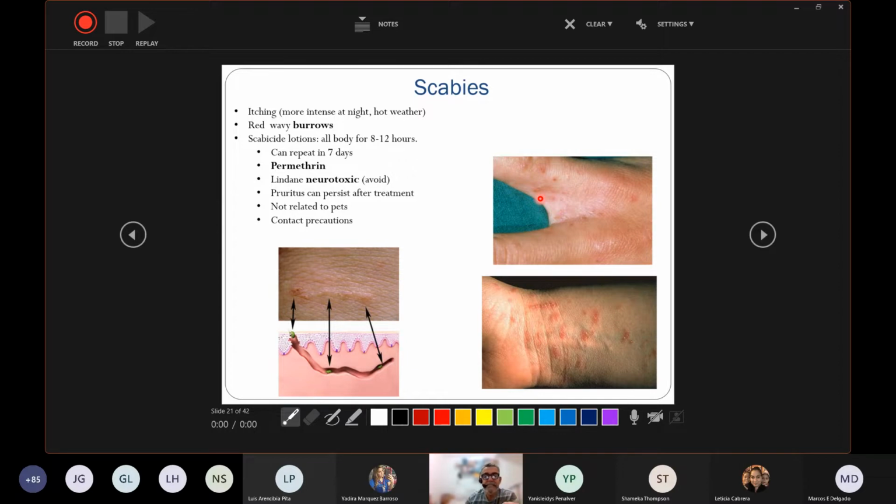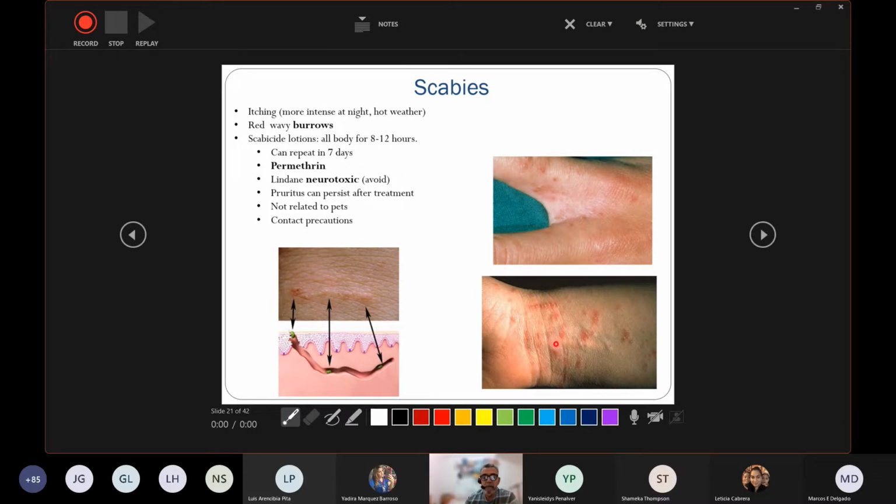This is tested in NCLEX. The acquisition is by contact, and this is the place where the first lesion appears, very itchy. And then it's very contagious and disseminates all over the body. So you are going to see the burrow, or the shorter burrows, when you see two papules.